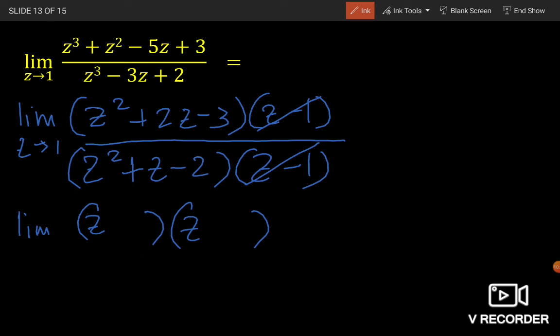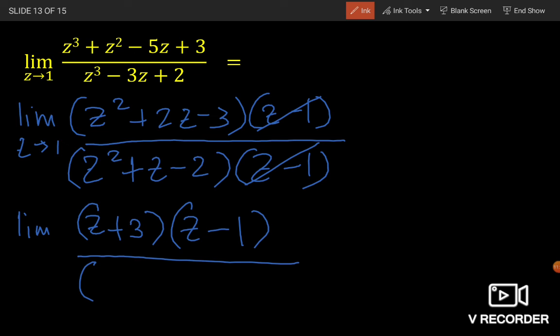Let's try plus 3 here and negative 1 here. Let's see if it works. z times z, you'll have z squared. 3 times negative 1, you have negative 3. 3 times z is 3z plus z times negative 1, negative z. So 3z plus negative z, you'll get 2z. So it's correct. So divide this now by this expression, z squared plus z minus 2.